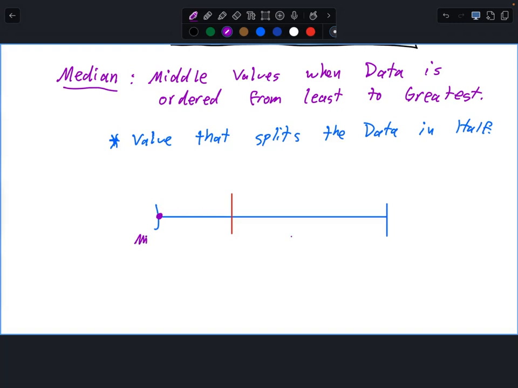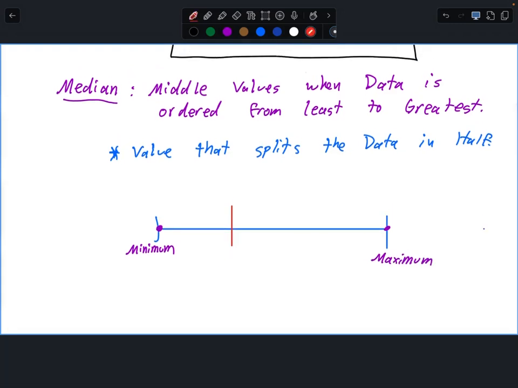So we have a minimum here, and we call the largest value the maximum. And then what we did is we found the median. Now, please note, I drew it like this on purpose. Notice that I didn't draw the median right in the middle, because the median is not always right in the middle of the minimum and maximum. It depends on how many data points, how many values there are.